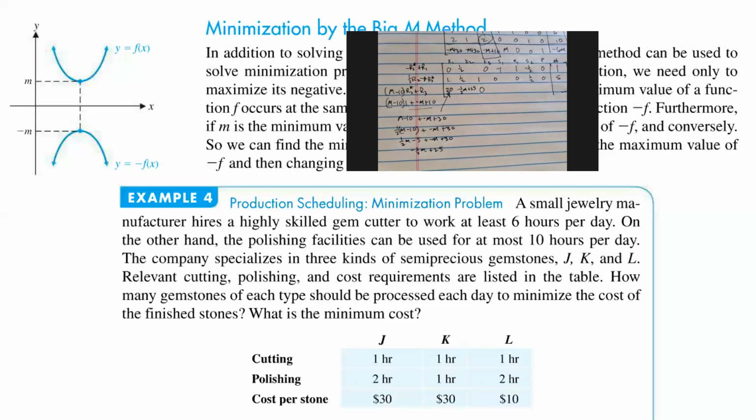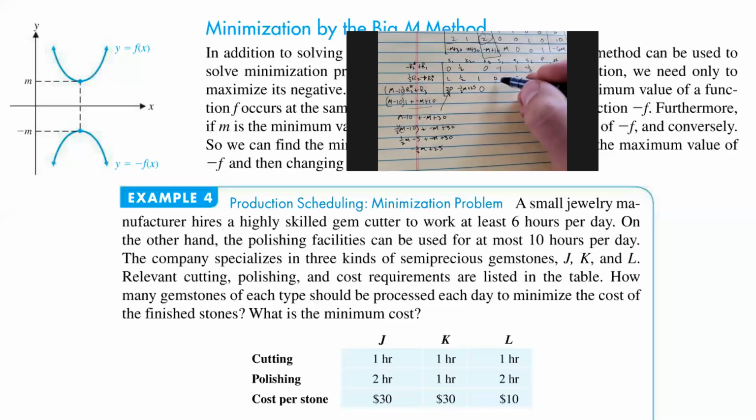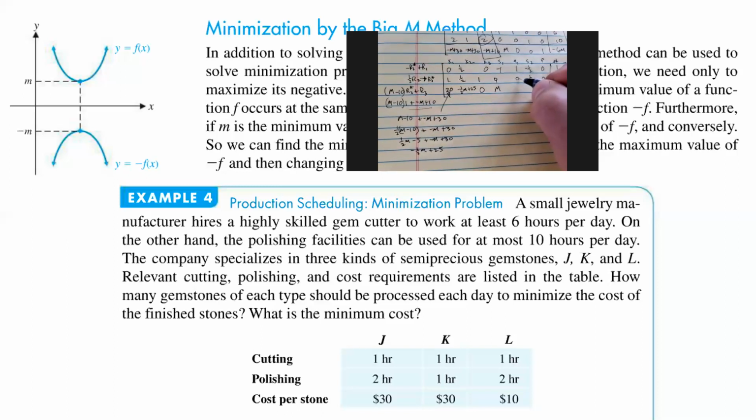Comes that value there. And now 0 times anything is still 0, plus m is still m. 0 times anything is still 0, plus 0 is still 0. And a half times m minus 10 plus 0 is going to be 1/2 m minus 5, right? And then profit still stays 0.